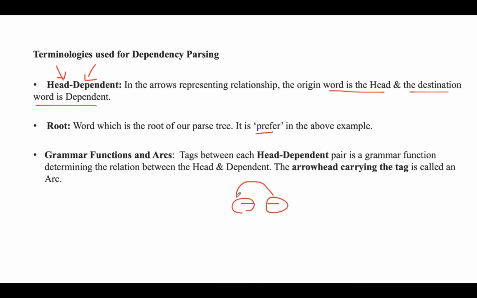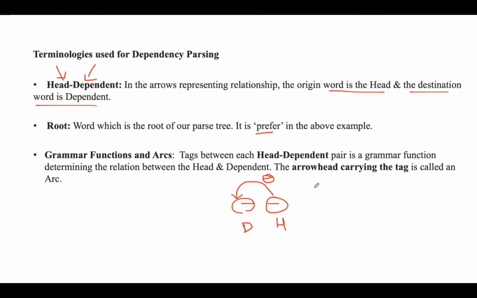For example, assume that this is a representation, and this is your head and this is your dependent. In this case, we use some tag between them, which gives us the relation between this head and dependent. And this arrow which is carrying this tag is considered an arc.